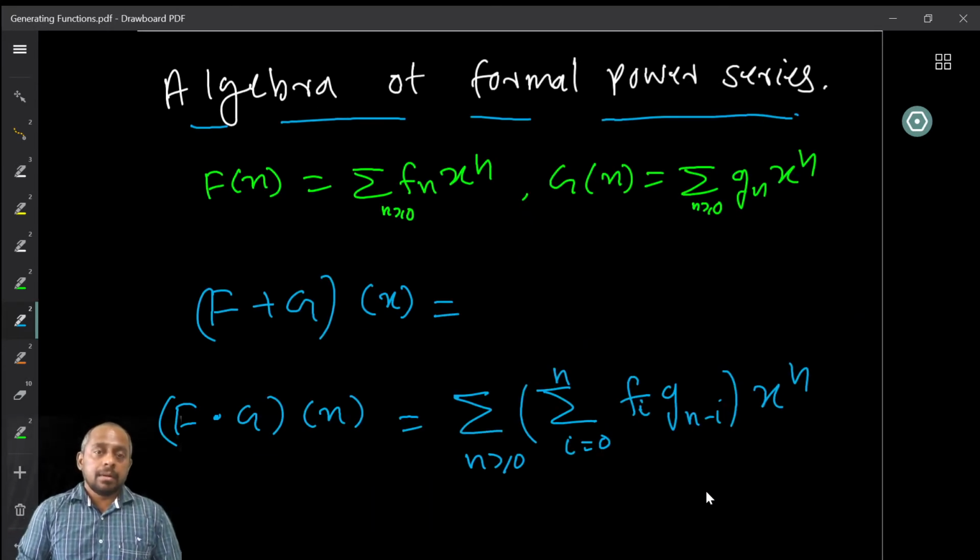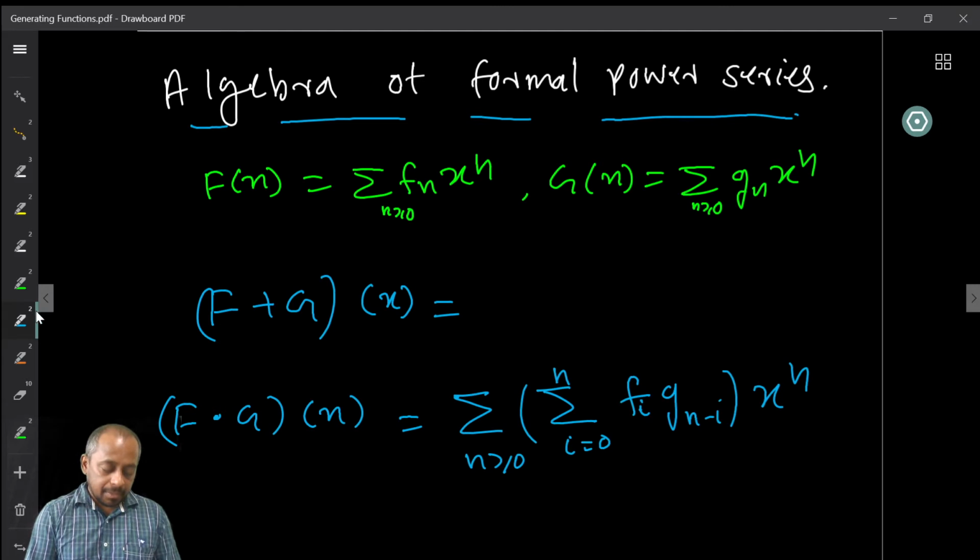So now, just like in the case of power series, we can define addition or subtraction or product, all this thing of formal power series.